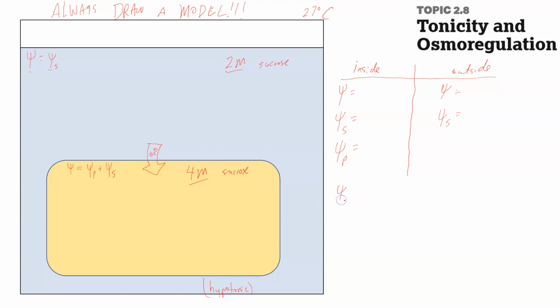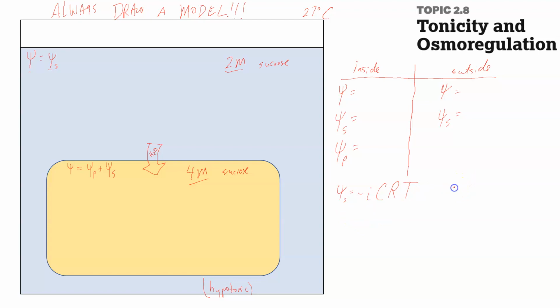So we know that solute potential is equal to negative iCRT. Okay, so let's go ahead and take a look at this. i, of course, is the ionization constant.